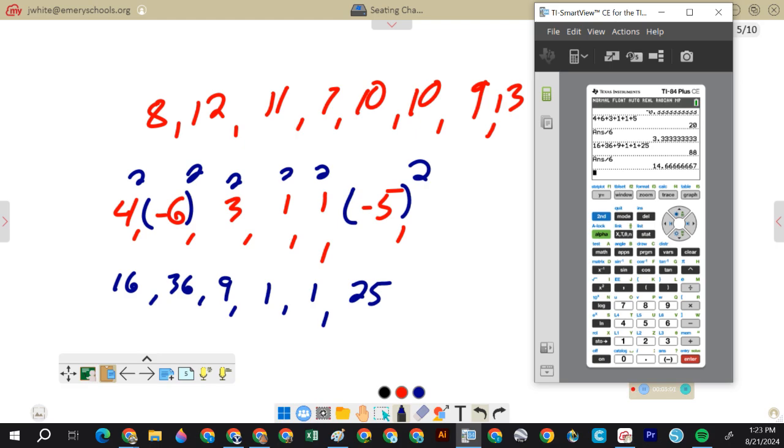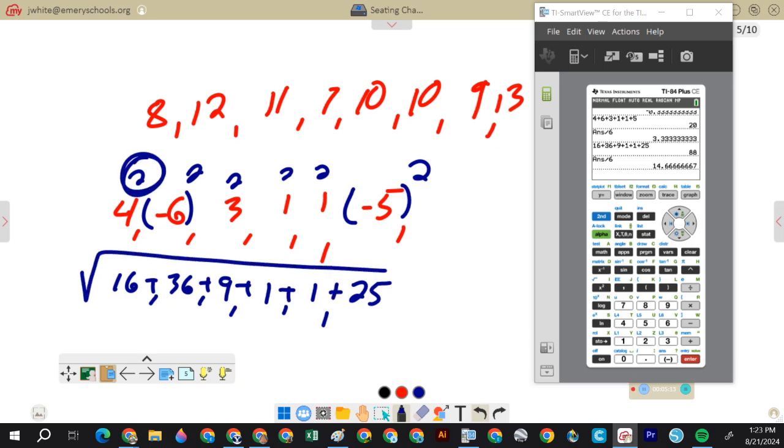However, my numbers are artificially large, so I have to square root it. So we're going to add all these together, but I need to undo all of these, so I take the square root. And I get 3.83. Now, 3.83 is a little bit larger than 3.3.